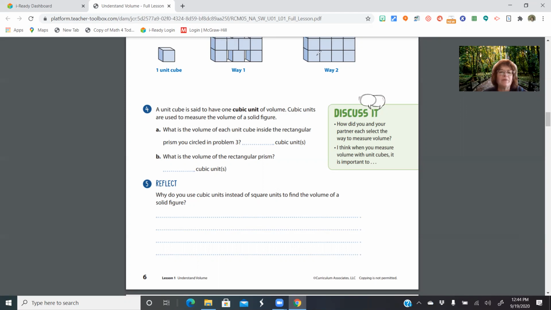So if you go back to problem 3 and you look at your solid figure here on your page, which I'm going to do because I don't want to keep scrolling back and forth. What is the volume of each unit cube inside the rectangular prism you circled in number 3? And the answer is, it gives it right here, 1 cubic unit. Okay, so the volume of each one of these is 1. What is the volume of the rectangular prism? Well, if you go back and count the boxes, and I want you to do that with me, I guess I will scroll up for that.